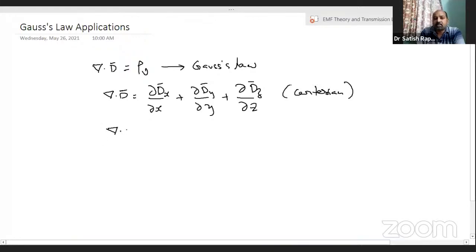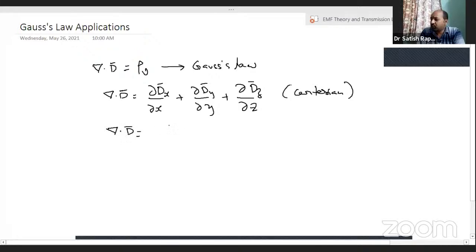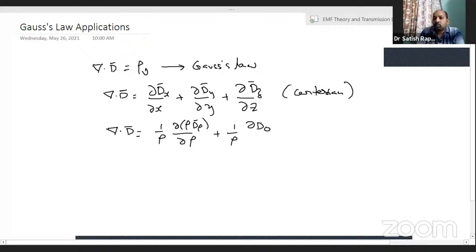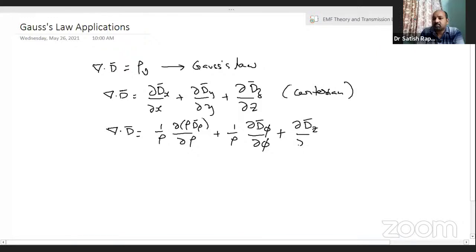Similarly, del dot D bar is equal to 1 by rho dou (rho D rho) by dou rho plus 1 by rho dou D phi by dou phi plus dou Dz by dou z.